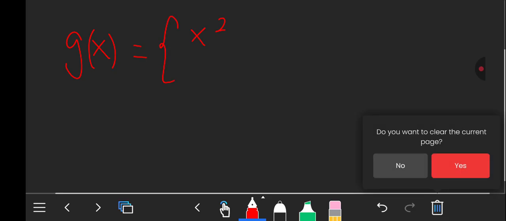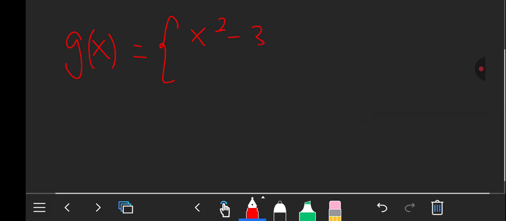Let's look at this exam question. We are given g of x is equal to, this is a piecewise function, x squared minus 3x plus 3 if x is less than or equal to 2, and the other one is 2 over x if x is greater than 2.